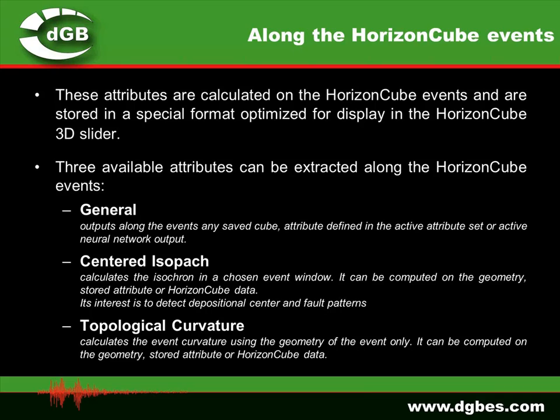The output of these attributes is mainly for the 3D sliders, but these attributes can also be displayed on inlines or crosslines, for example using attributes from the classic attribute engine, and that's what we're going to see later on.